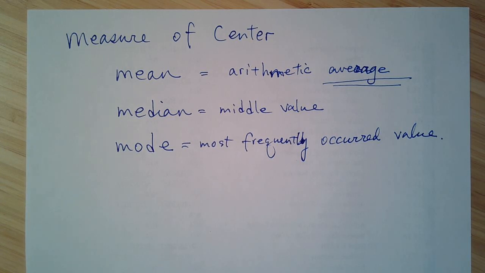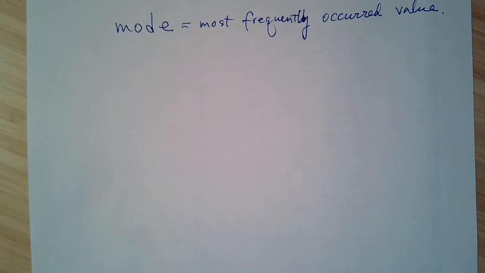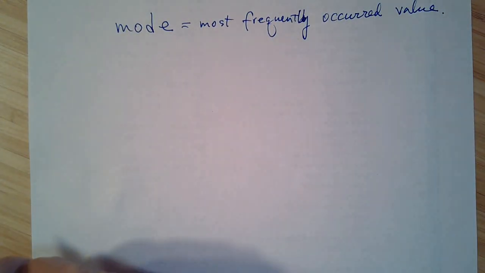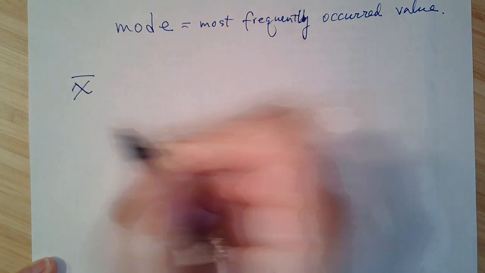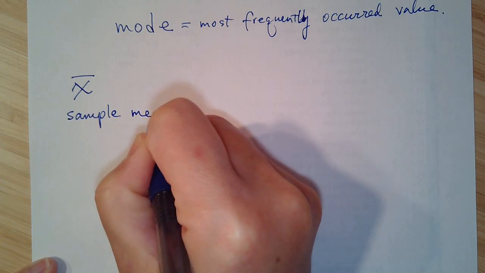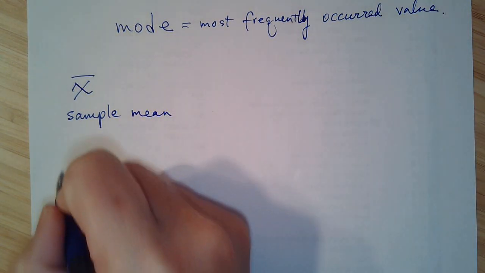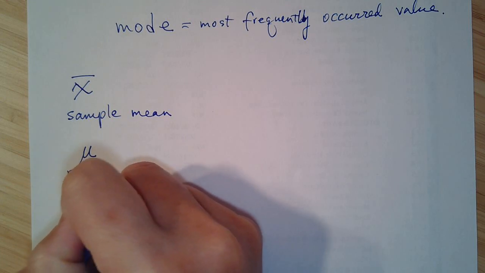All right, we're going to go over this one by one. First of all, we talk about the mean. We use X bar to show the sample mean, and for the population mean, we use mu.